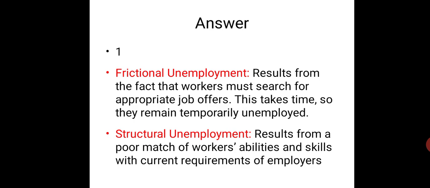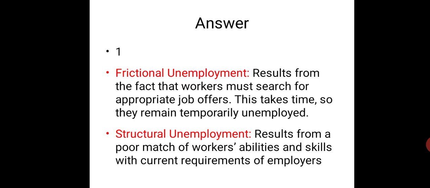Structural unemployment also happens where there is a mismatch between the demand and supply of labor. That is, employers are asking for some key skills or some kind of ability they are looking for in the workers that is not there in the workers.